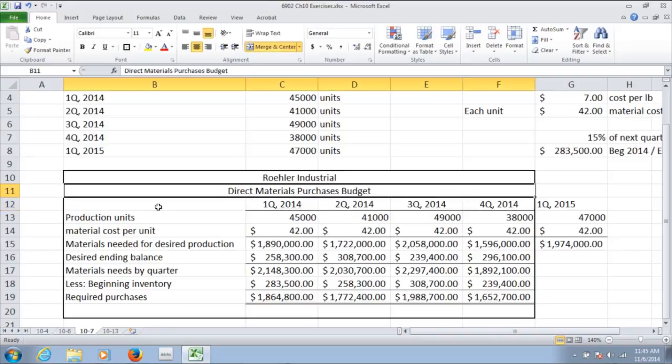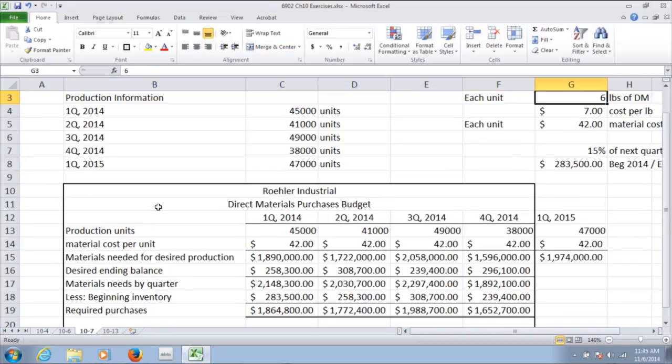And in particular, as we go up here, we have to make sure that we have how many pounds of materials, how many yards of materials, how many gallons of materials, whatever the materials purchased are, how many of those will be used in each unit of finished output. Multiply that by the cost per whatever it is, in this case per pound, and that gives us a material cost per unit, which is what we're looking at in the production budget, is units, not pounds.